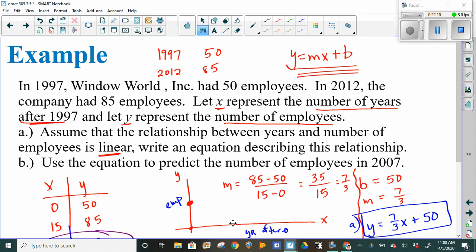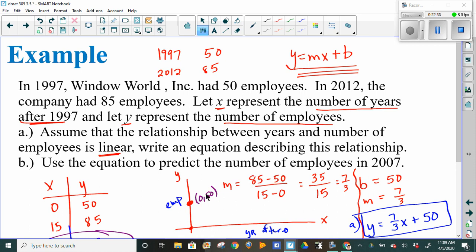So I looked at my table and realized that when x is 0, the y value is your y-intercept, okay? This point right here. So that's how I did that.